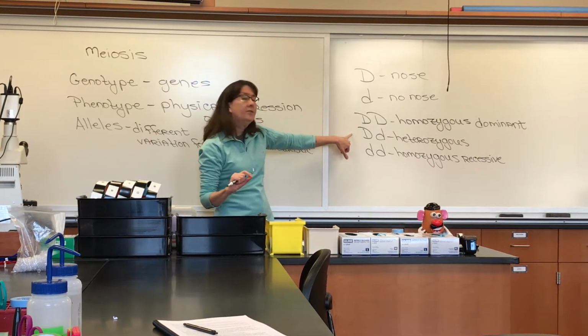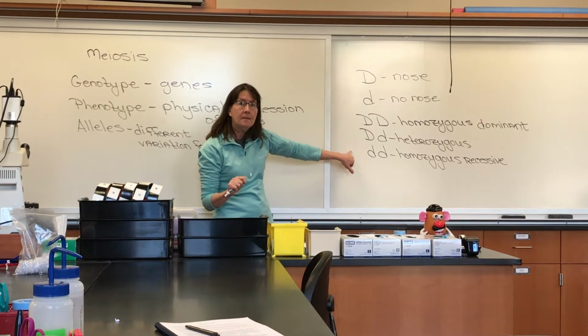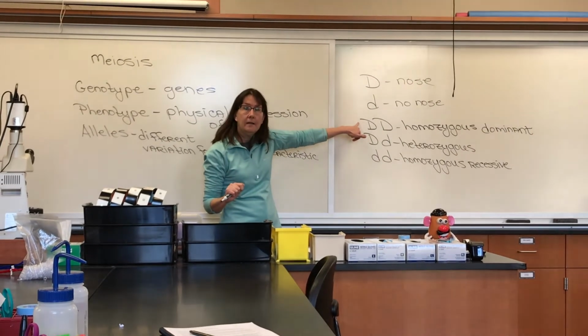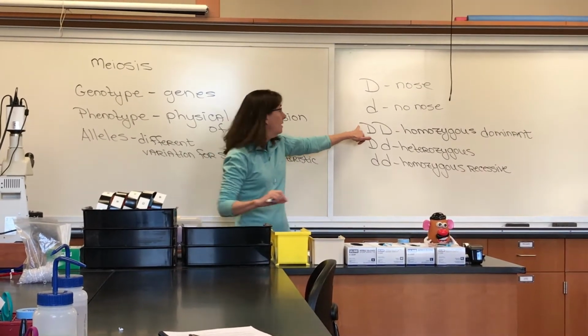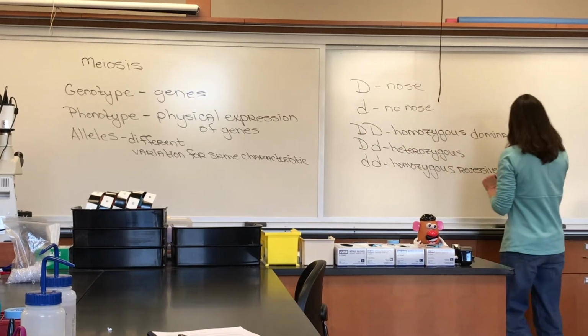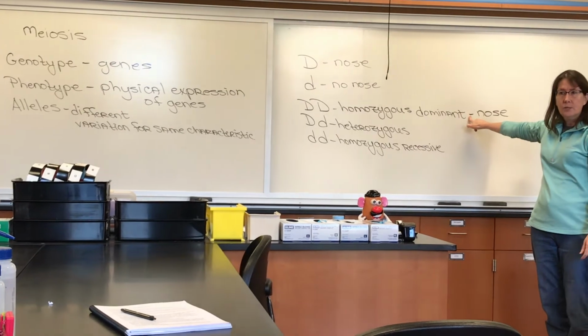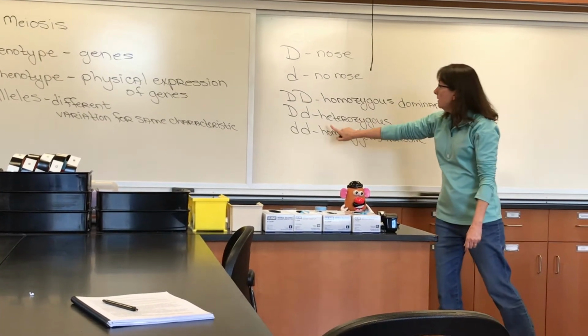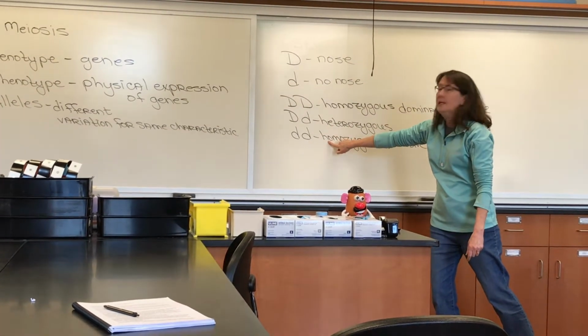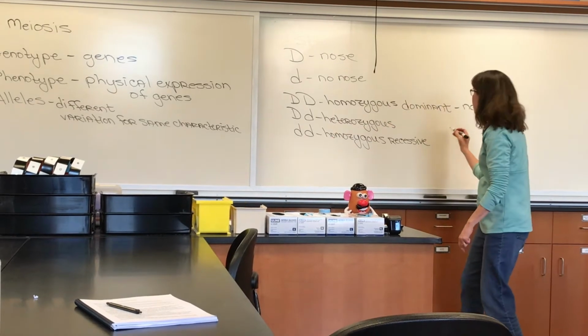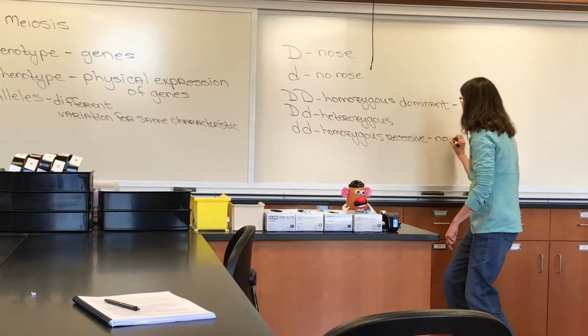So we have three different genotypes, but this one is going to code for the characteristic that it has a nose. This one is going to code for the characteristic no nose.